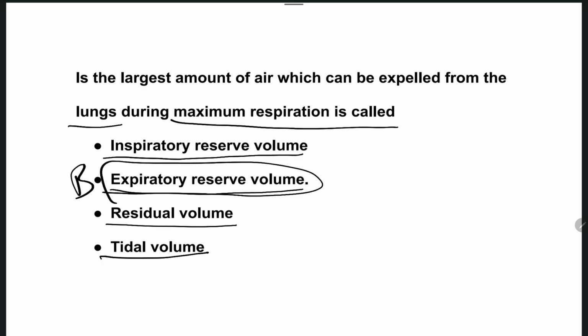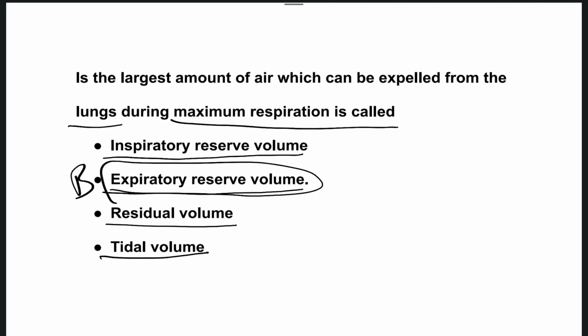Inspiratory reserve volume means the volume that can be inspired beyond a restful inspiration. Expiratory reserve volume means the volume which can be expired beyond a restful expiration. The residual volume is the volume remaining in the lungs after maximum expiration.